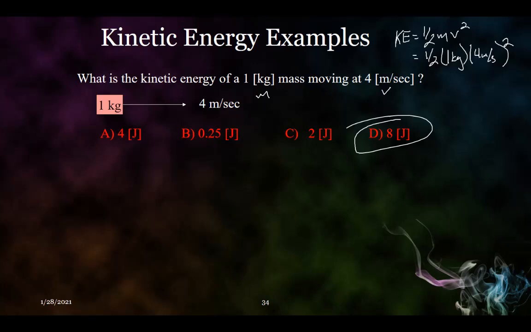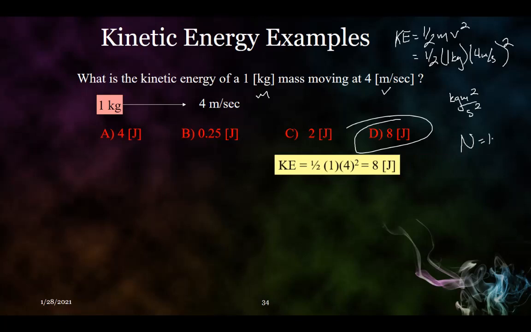And we end up getting 1 half mv squared to yield 8. Now remember, our unit here is a joule, and a joule is going to be a kilogram meter squared per second squared. Or if you remember, we have the Newton, which is equal to a kilogram meter per second squared. And so we add another meter, so the Newton meter or the joule.